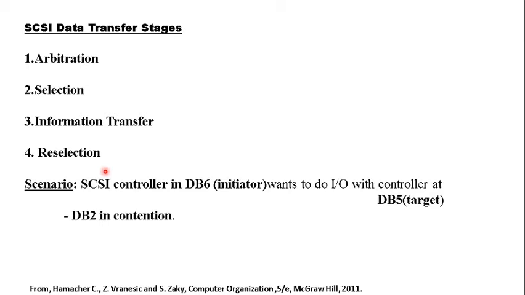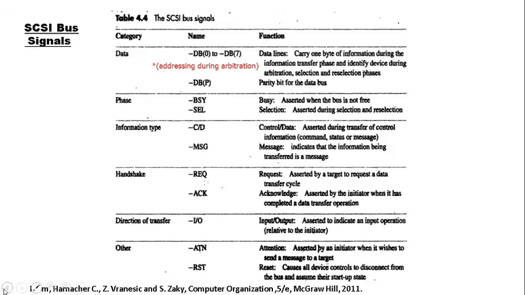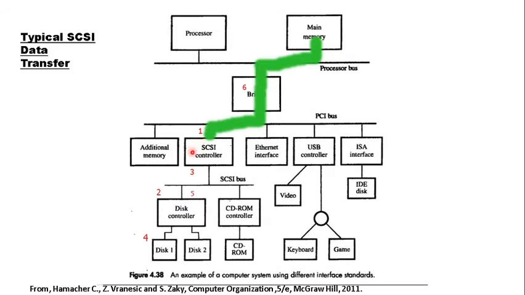We will see how a typical SCSI data transfer happens through all these phases by considering an example. Suppose that we have an initiator. We can consider our main SCSI controller as the initiator. Suppose that this controller needs to perform an operation with this hard disk.